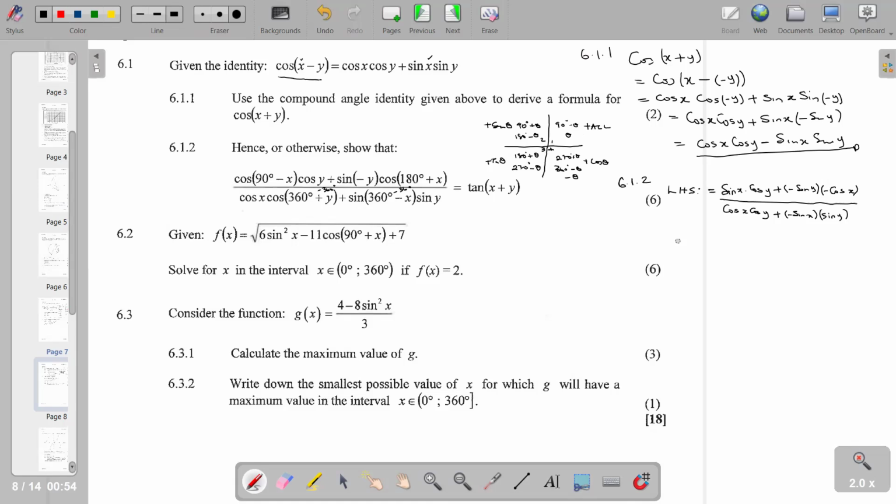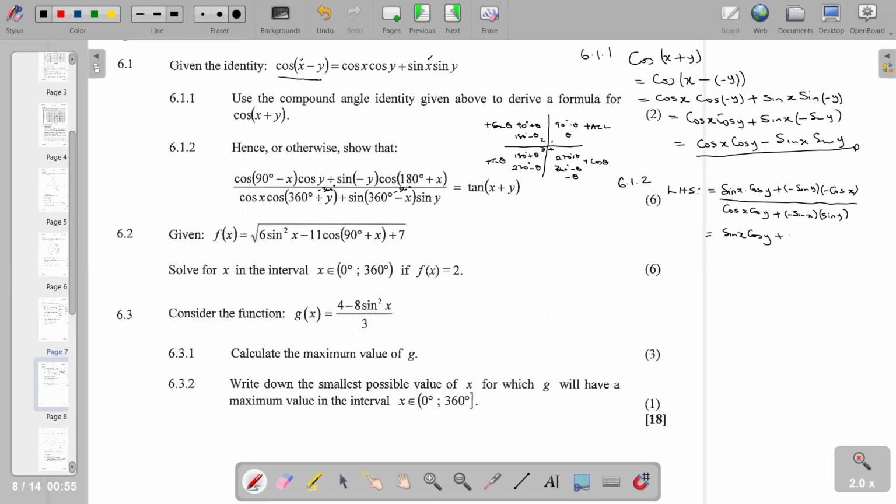Then if we are to check, this reduces to sine x cos y. Then minus times minus is positive. So it's going to be positive.